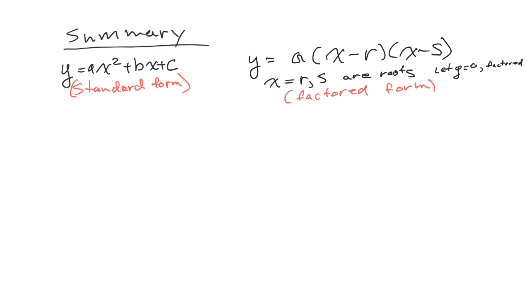We also know from this basic equation here that to find the minimum or max, we have to find x is equal to -b over 2a, also written as -b divided by 2a.